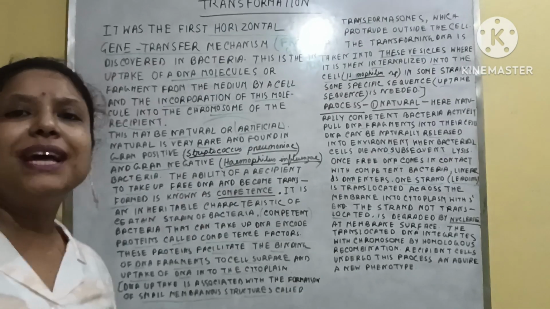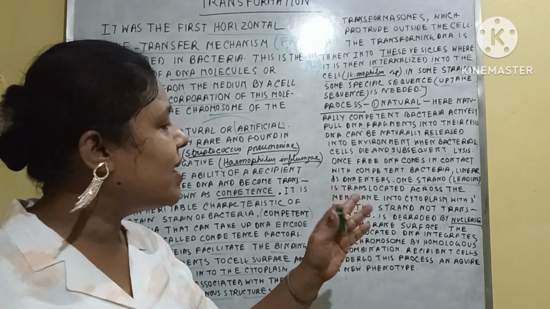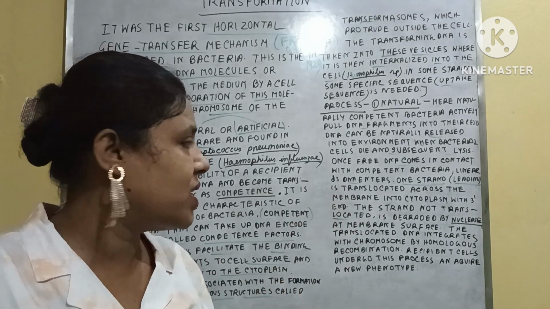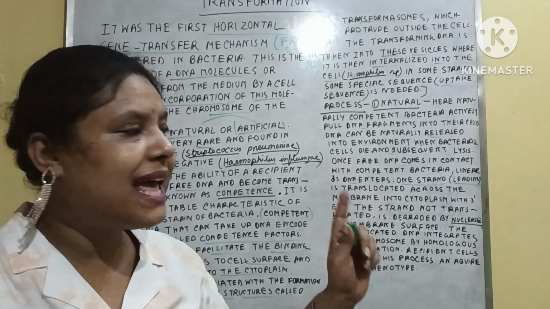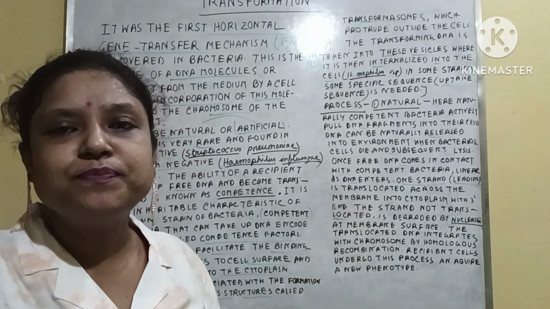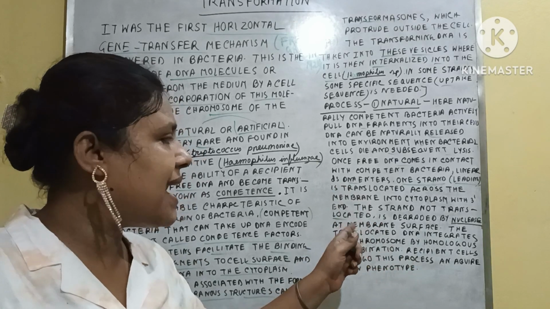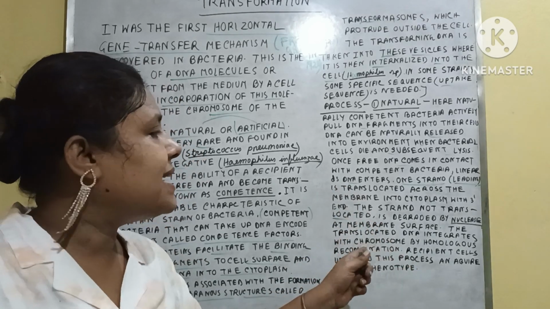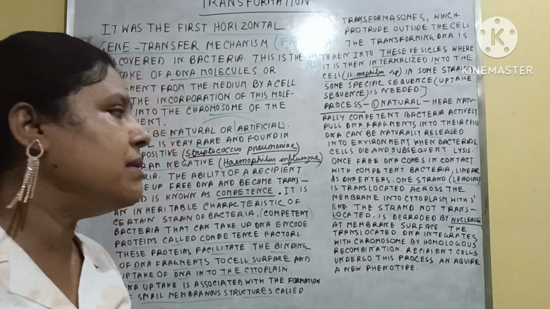So we all know that DNA has two strands, one the leading strand and the other the lagging strand. Only the leading strand enters the cytoplasm of the bacteria, but the other strand, the lagging strand, is degraded by the nuclease at the membrane surface.